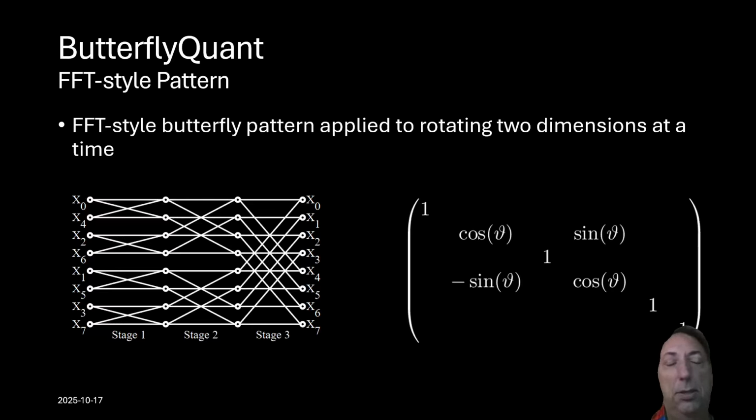And then each rotation of two dimensions, this is what the rotation matrix looks like. If you've done any kind of computer graphics, this is the standard 2D rotation, cosine, sine, minus sine, cosine, and then when you apply that to a higher dimensional space, you just have the identity matrix in the other positions.